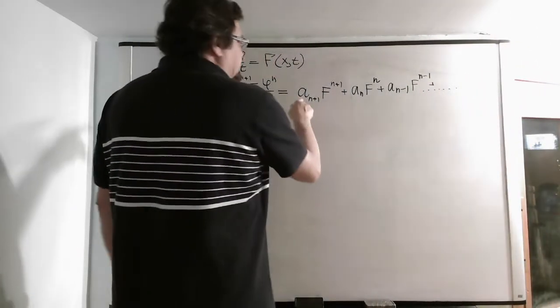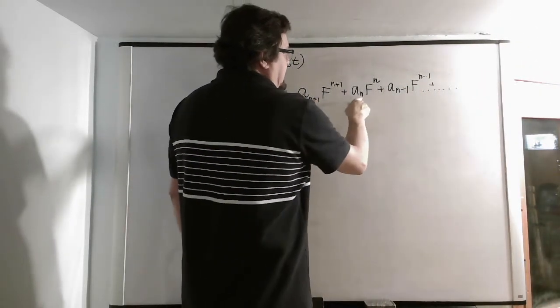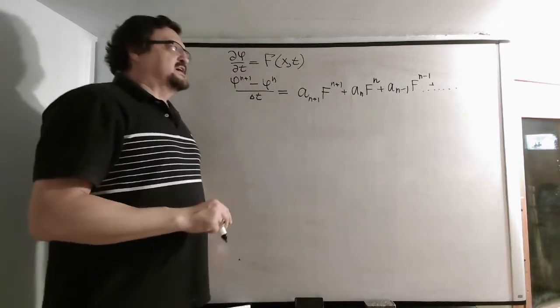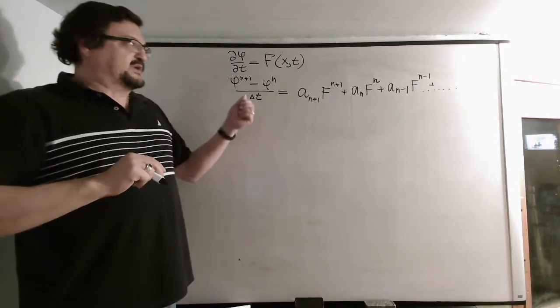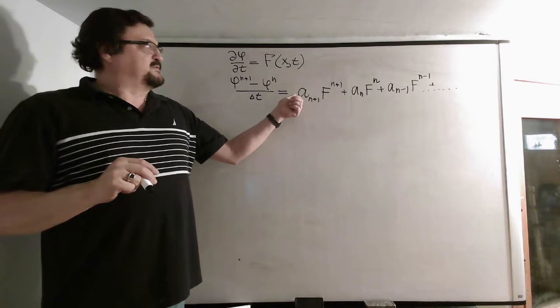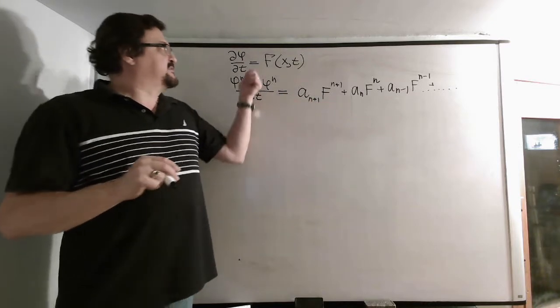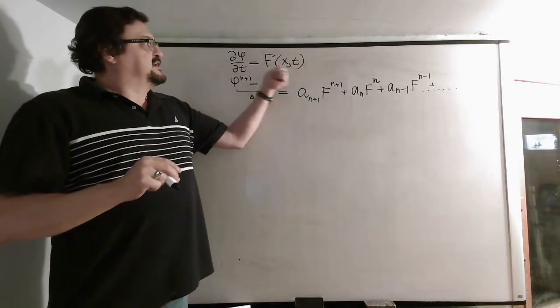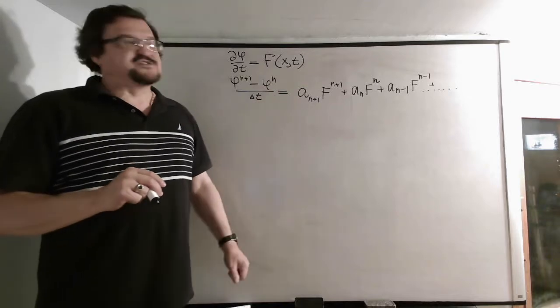These coefficients a n, a n minus 1, and so on, are what we will find to get various degrees of approximation in time for this original equation.